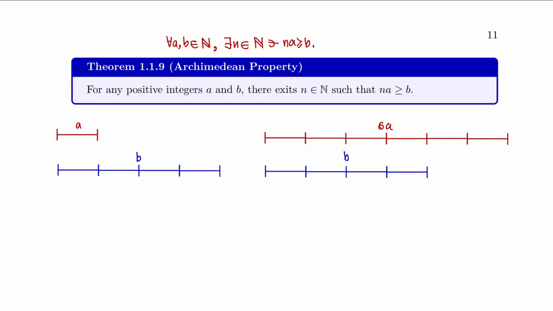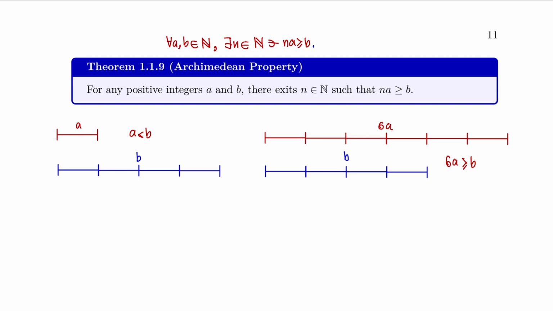And as you can see, the length of 6a is greater than b. In this case, if I pick two integers, a less than b, then you can find a number, which is 6, so you have 6a which is greater than or equal to b. Okay, that is the meaning of the Archimedean property.